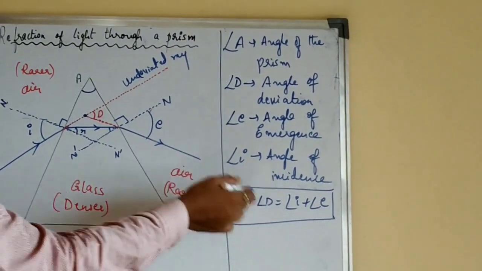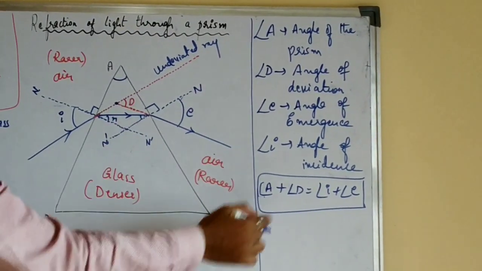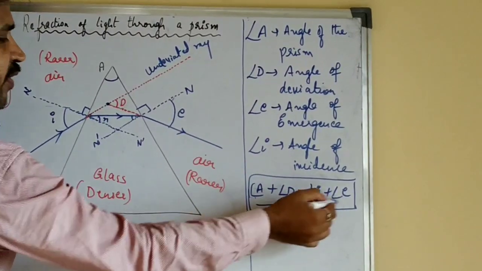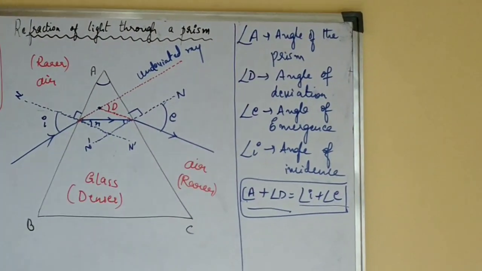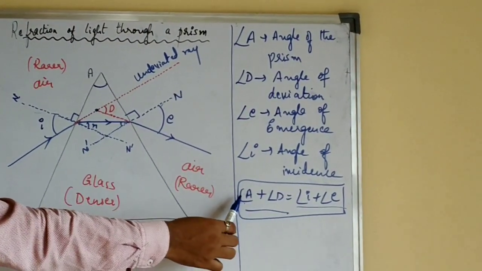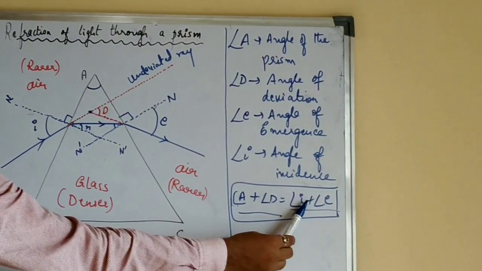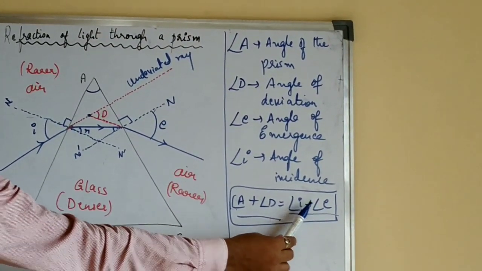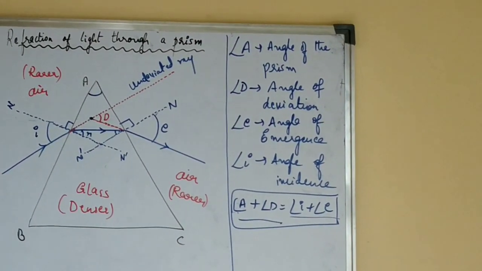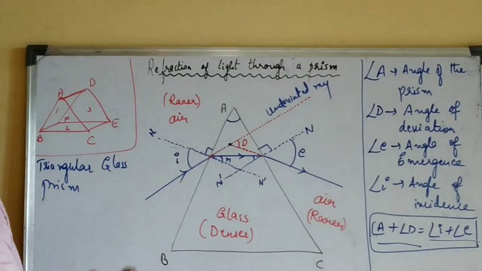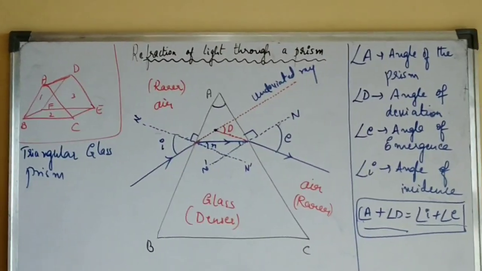We can even do a small experiment with the prism and verify that these two angles, when you add them, equal these two angles. So I repeat, the sum of angle of the prism and the angle of deviation is equal to the sum of angle of incidence and angle of emergence. So these are the various things that we observe when the light undergoes refraction within the prism.